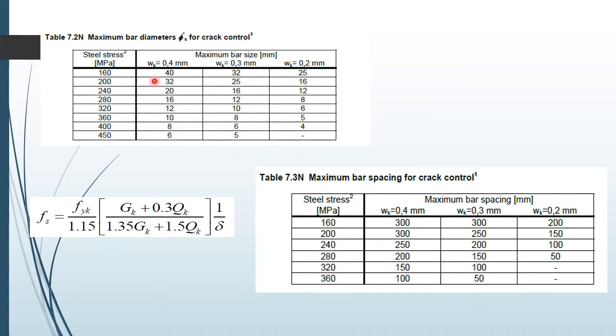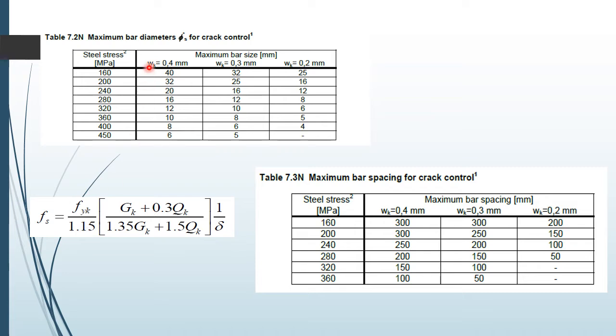We use Tables 7.2 and 7.3 for crack control. In Table 7.2, we check our maximum bar diameter, and 7.3 is for maximum bar spacing. In these two tables, we require the steel stress. We use this formula to calculate our steel stress.